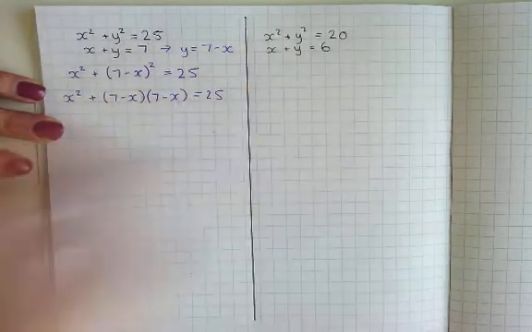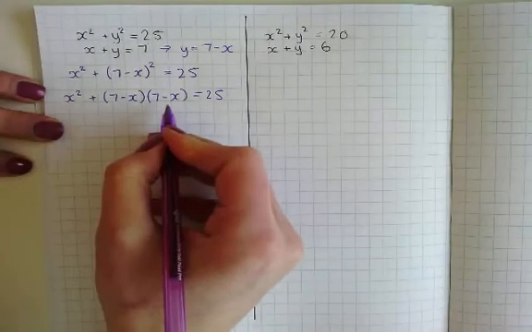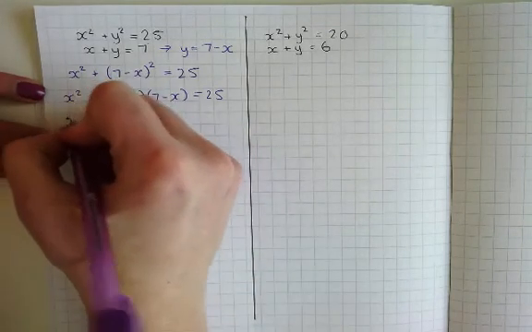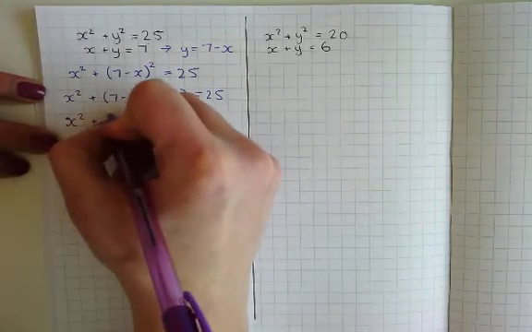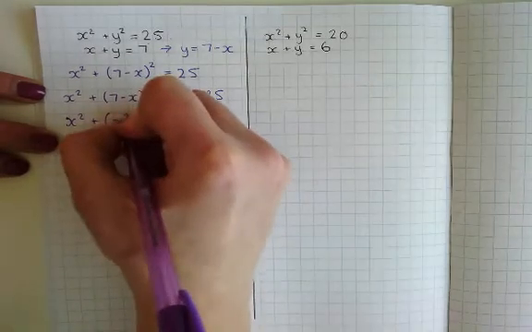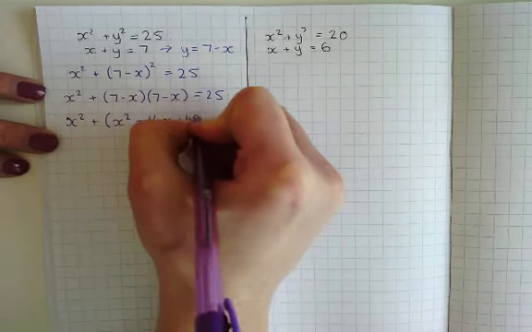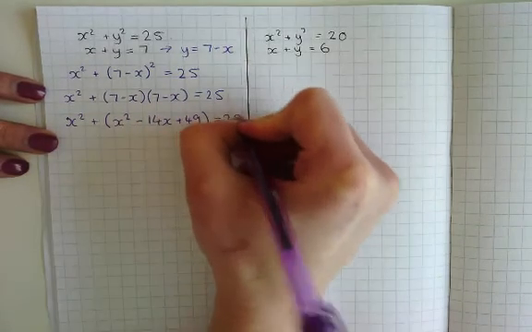When it's squared, it's just double brackets that I can expand. I'm going to use FOIL to expand it. I'm just going to do that quite quickly to get x squared plus, and I leave it all in brackets, (x squared minus 14x plus 49) equals 25.